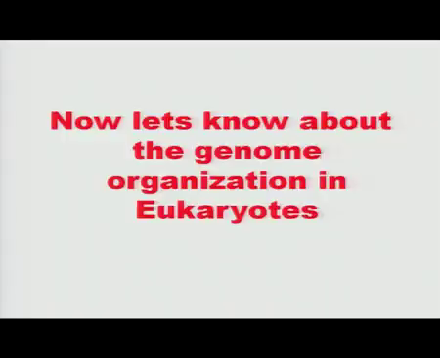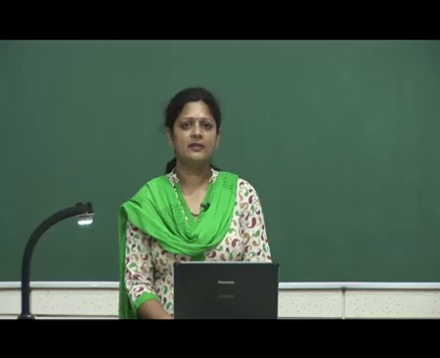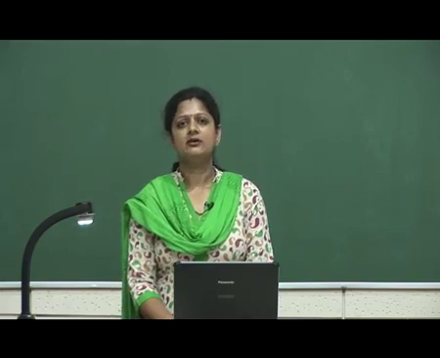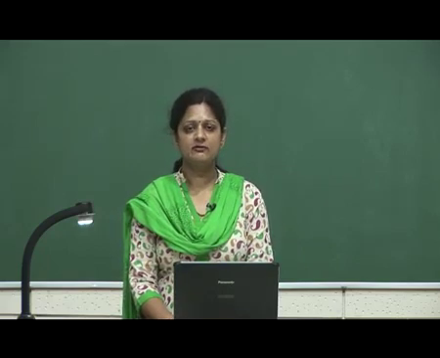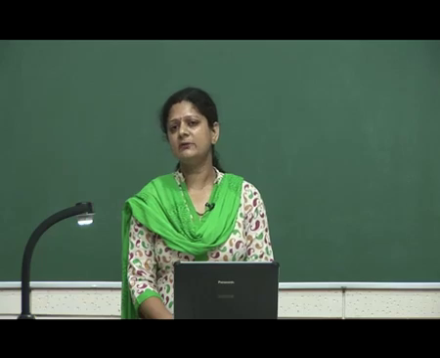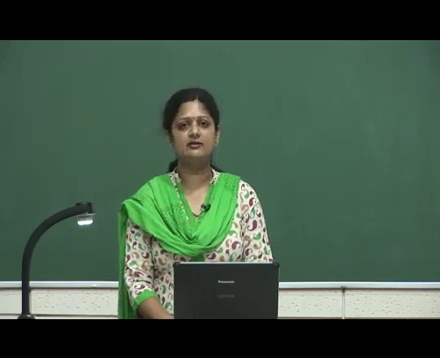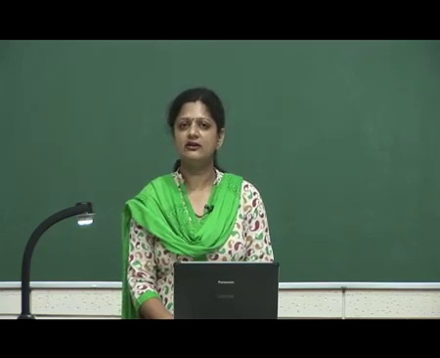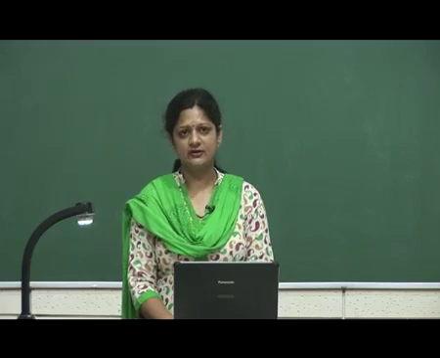Now, let us know about the genome organization in eukaryotes. Do you know what eukaryotes are? Yes, eu means true and karyote means nucleus. So, all those living organisms which have a true nucleus, which have a nuclear membrane to enclose the genetic material, are considered eukaryotes.